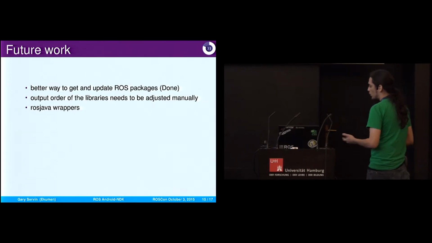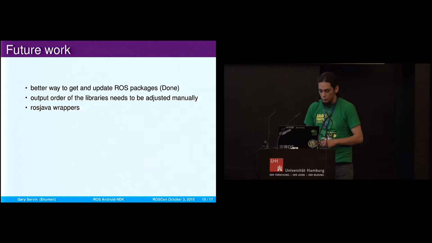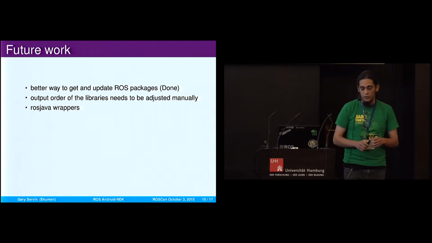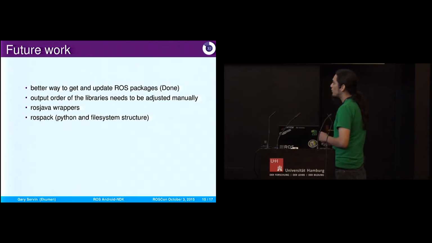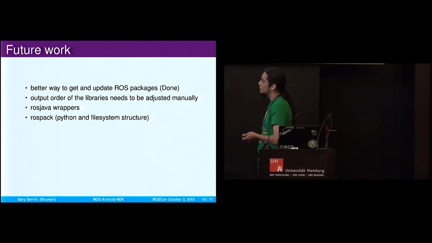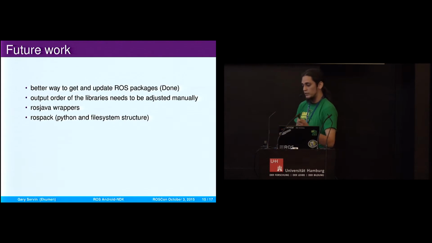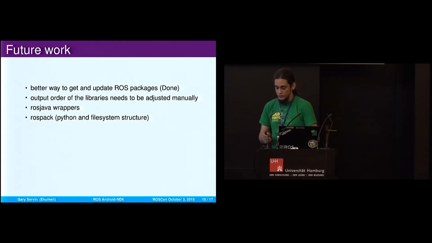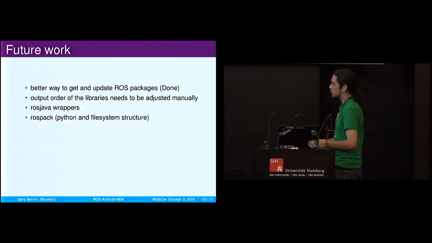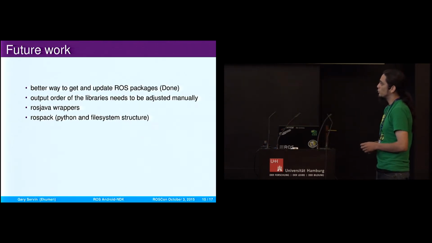We are also working on ROS Java wrappers and creating tutorials so people can start using them. We have a big issue with rospack, because rospack uses Python and the file system structure is different on Android, so we are starting to work on that.